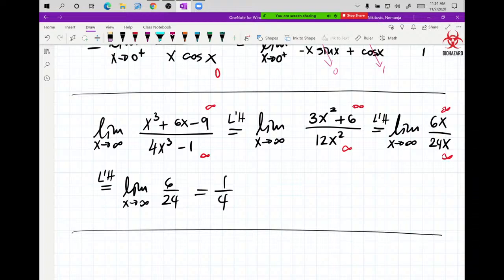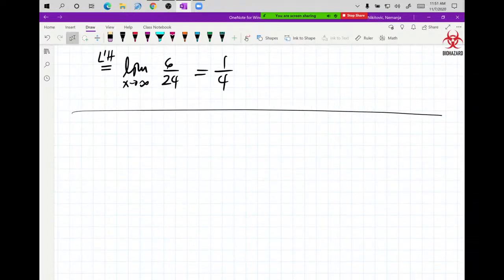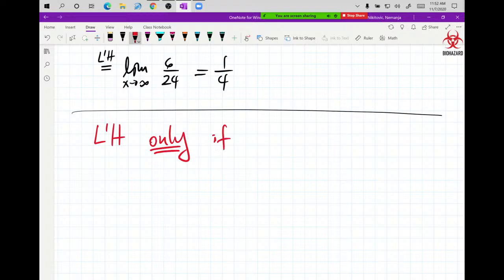Now we study the forms that are not 0 over 0, infinity over infinity, but they can be converted into 0 over 0 or infinity over infinity so that we can solve those problems. L'Hopital rule only works if we have 0 over 0 or infinity over infinity.